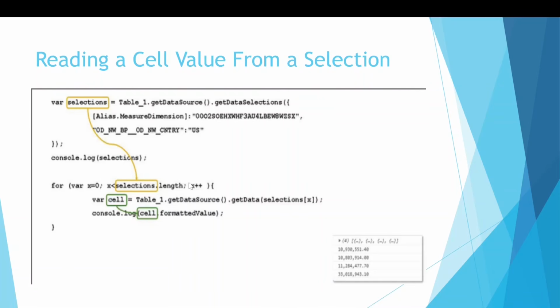After that, we use the get data selections and the index value x. By passing the index value x, we get the value of the array into our cell variable. After that, we show the cell formatted value in our console.log.